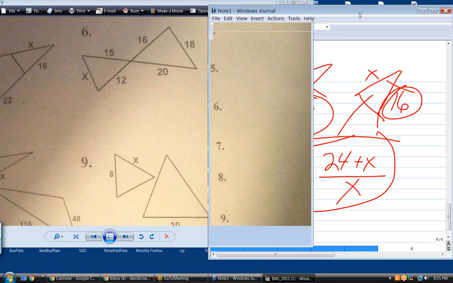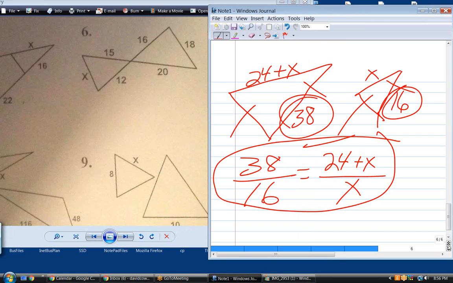Number 6. Now, again, 6 is a little strange because we certainly know this angle is equal to this angle. But is this angle equal to that angle, or is this angle equal to this angle?